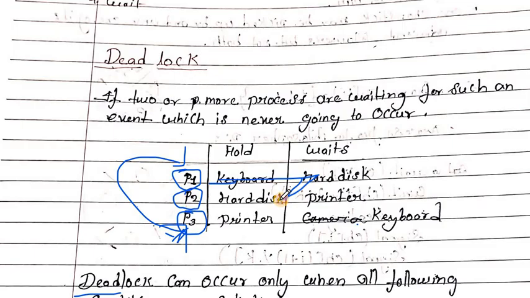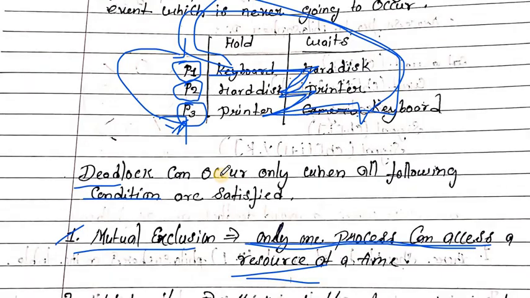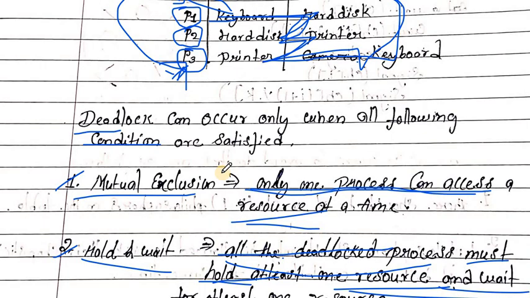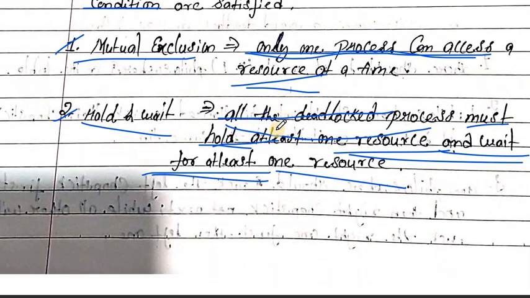Then P2 is holding the hard disk and waiting for the printer. P3 is holding the printer and waiting for the keyboard, and the keyboard is held by P1. So here they are in a circular manner. They are holding resources and waiting for resources. So these are the four conditions that hold when deadlock occurs.